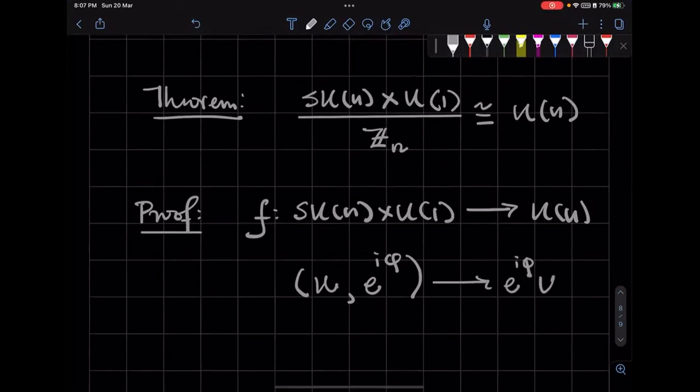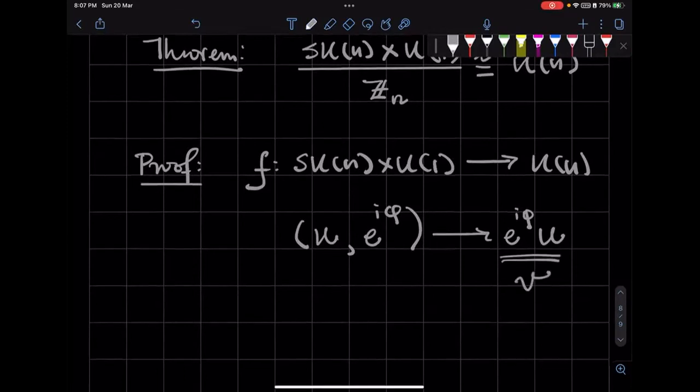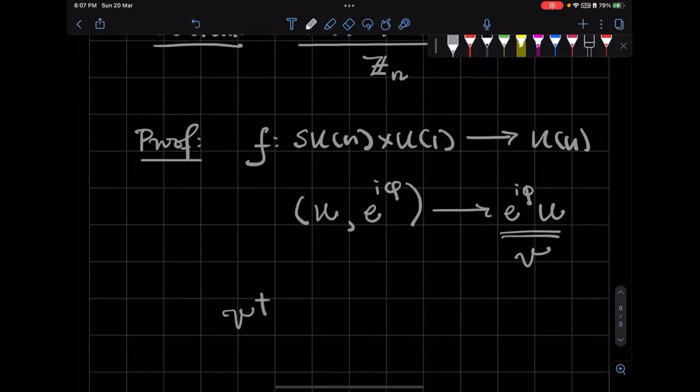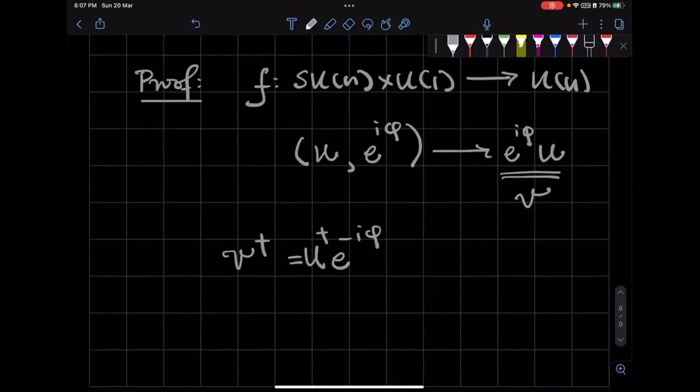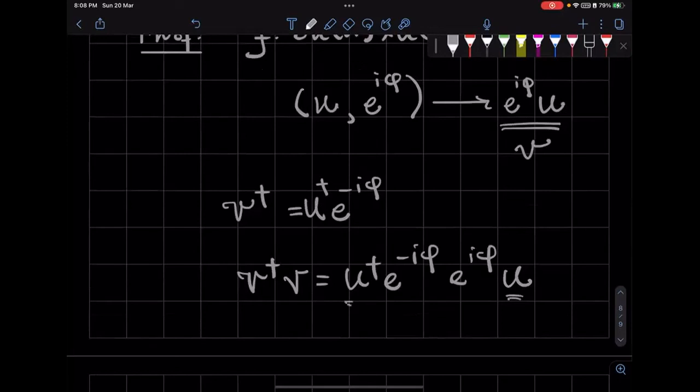We map this to the element e to the power i phi times U. Call this V. Then V dagger is e to the power minus i phi times U dagger, so V dagger V is U dagger times e to the power minus i phi times e to the power i phi times U. Because U is unitary and these are just phases, we have 1.